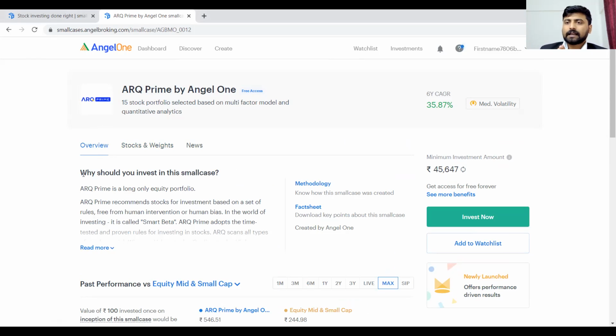The first thing that comes up in most of the retail investors' minds is the performance metric of a particular small case. So whenever we decide to go ahead and explore a particular small case, one of the most crucial things is to look at the small case performance and if that performance suits well with our requirements.